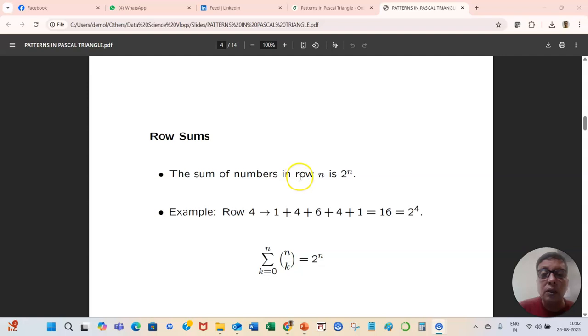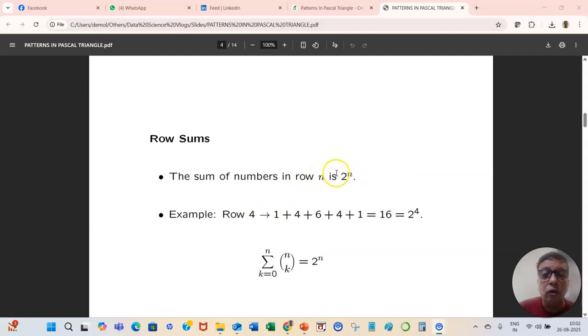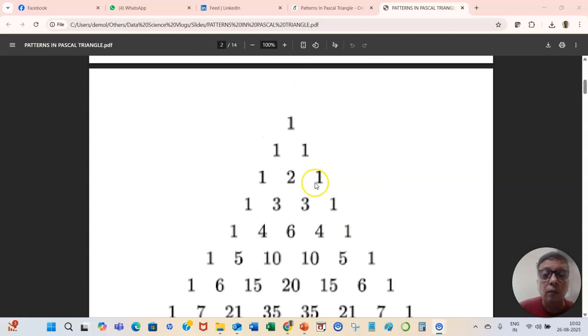The sum of the numbers in row n is 2 to the power n. So if you look at the fourth row, 1 plus 4 plus 6 plus 4 plus 1 is 2 to the power 4, because this is nothing but the expansion of (1 plus 1) whole to the power 4.